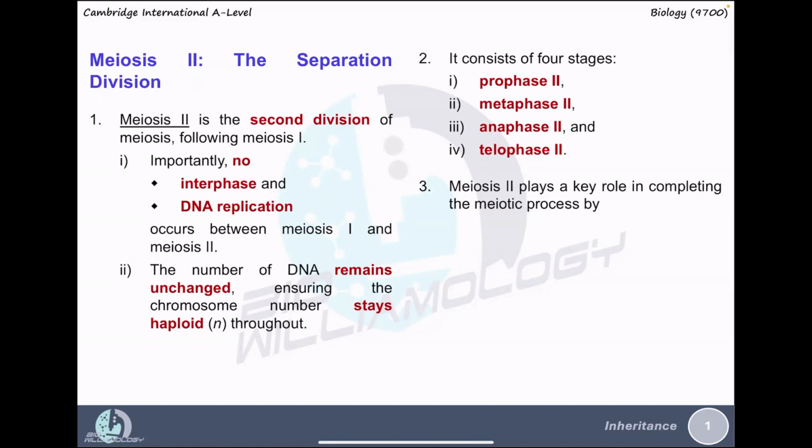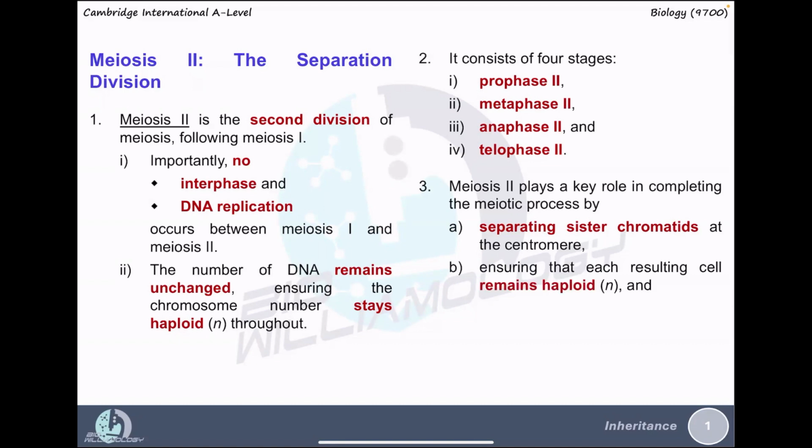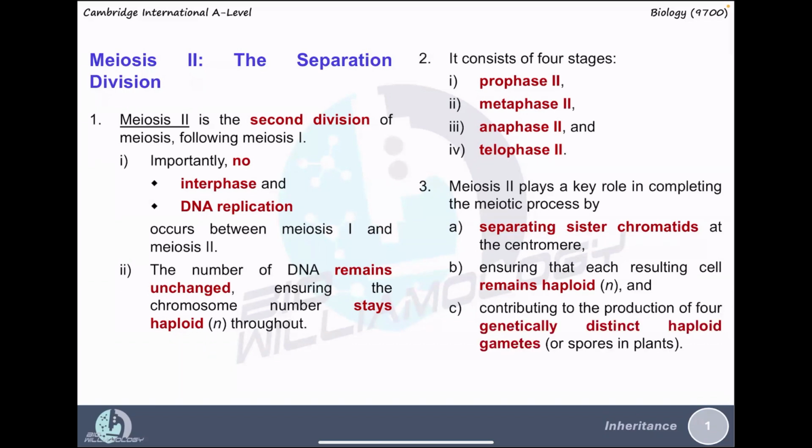Meiosis 2 plays a very important role in completing the meiotic process by separating sister chromatids at the centromere and ensuring that each resulting cell remains haploid, contributing to the production of 4 genetically distinct haploid cells, or spores in plants.